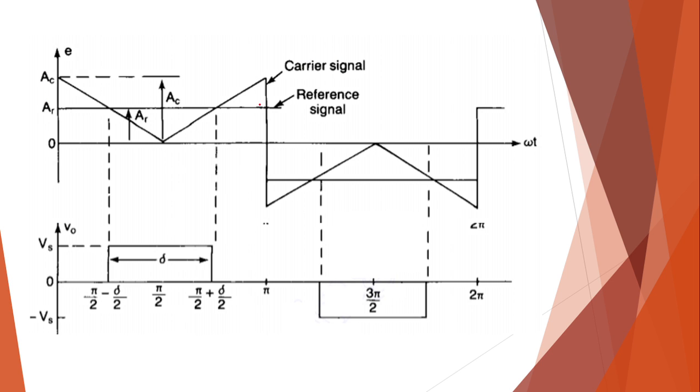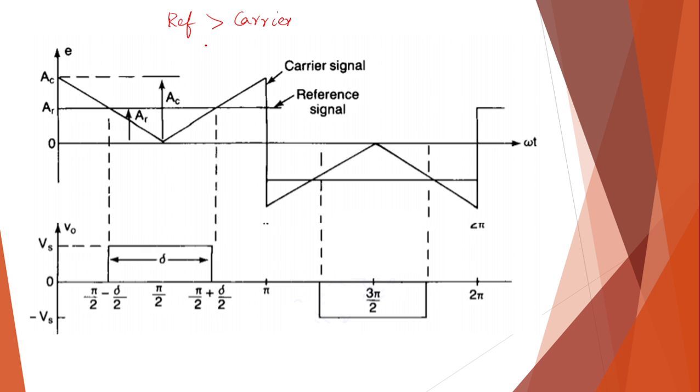You can see your triangular waveform and your rectangular reference signal. Now, you're going to compare these two signals, and whenever the reference signal is greater than the carrier signal, at that time your switches will be triggered and you will be getting the output.